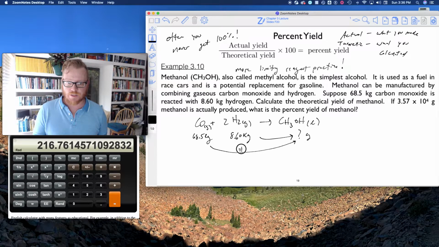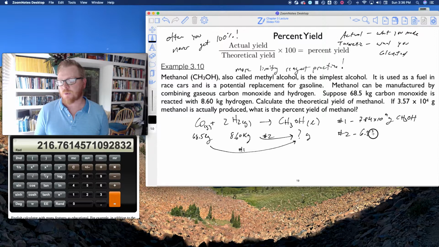So I'll say this one is number 1 and this one's number 2. So from number 1, from the carbon monoxide, you get 7.84 times 10 to the 4th grams of methanol. And from the hydrogen, you get 6.83 times 10 to the 4th grams of methanol.